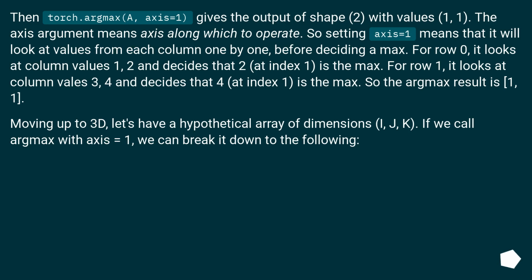Moving up to 3D, let's have a hypothetical array of dimensions i, j, k. If we call argmax with axis equals 1, we can break it down to the following.